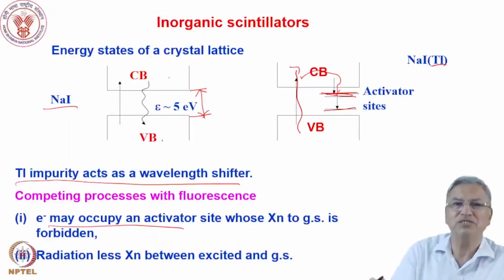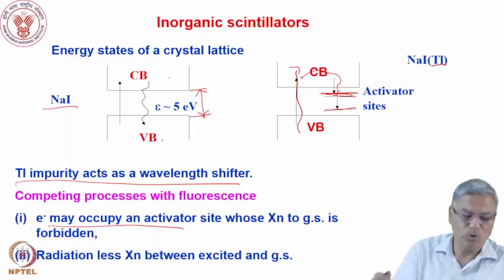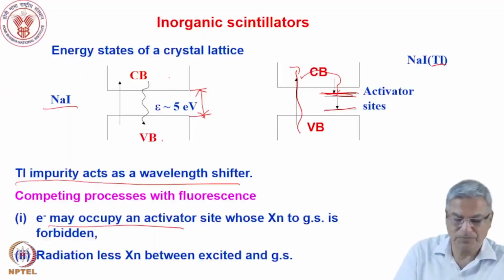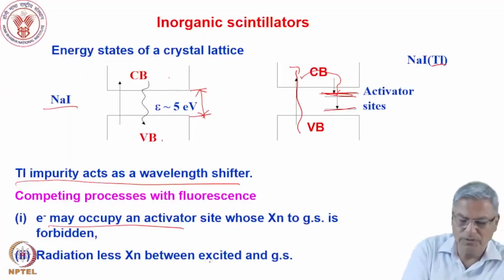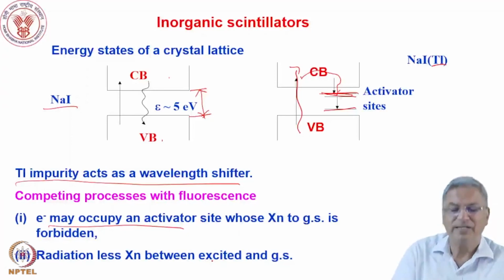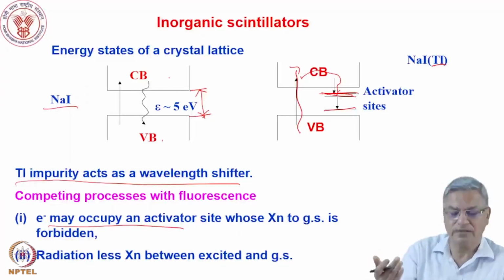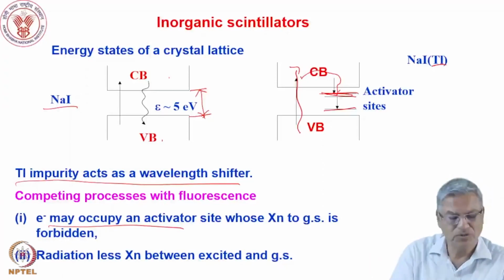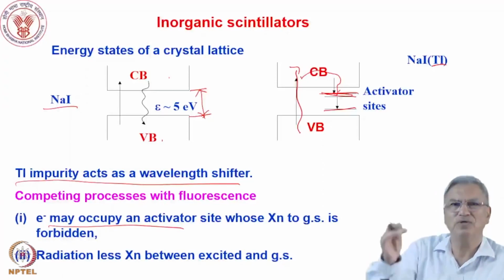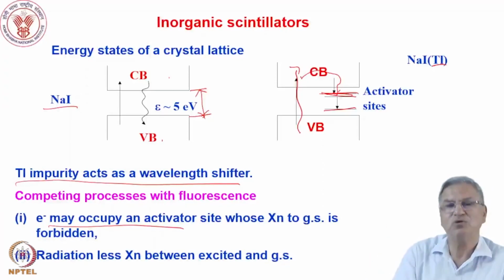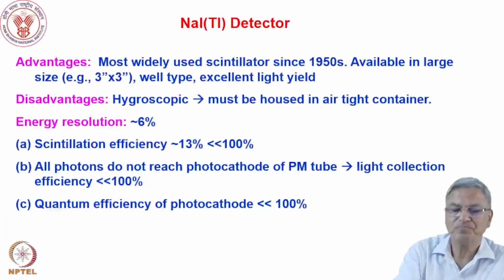There can be radiation-less transitions, which are not useful for detection purposes. So radiation-less transition between the excited and ground state, and the trapping of electrons in activator sites whose transition to the ground state is forbidden, will lower the fluorescence intensity of these crystals.